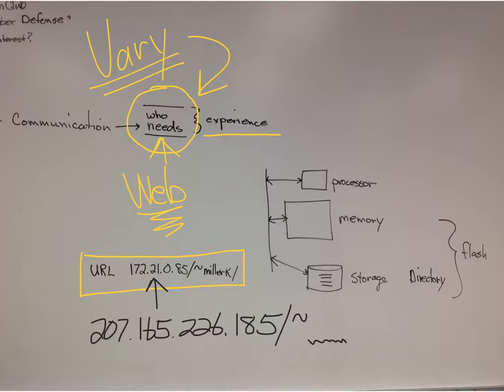We got started talking about computing devices, processor, memory, and storage. We talked about your websites on some storage. This information over here is on what we call Work Server 2.